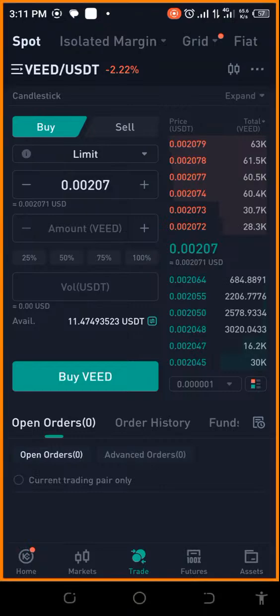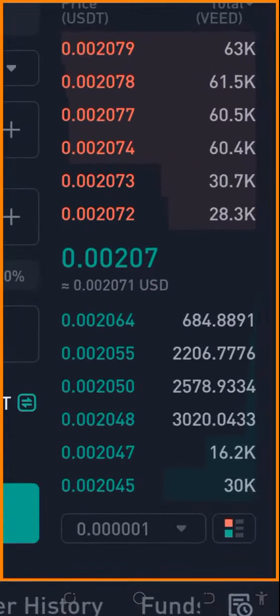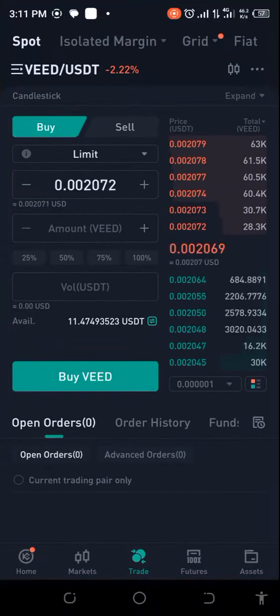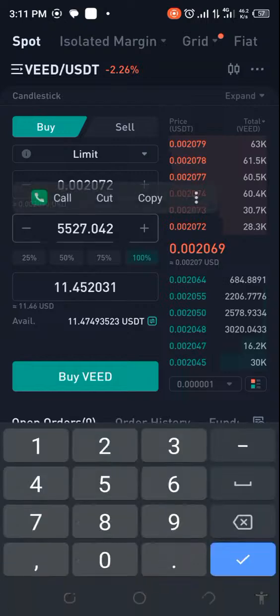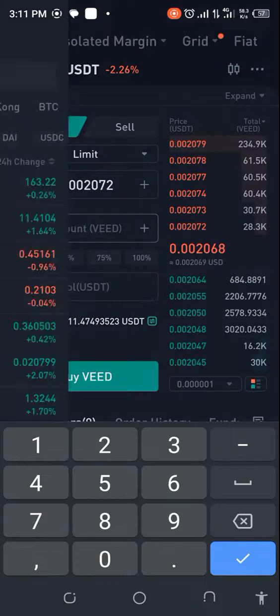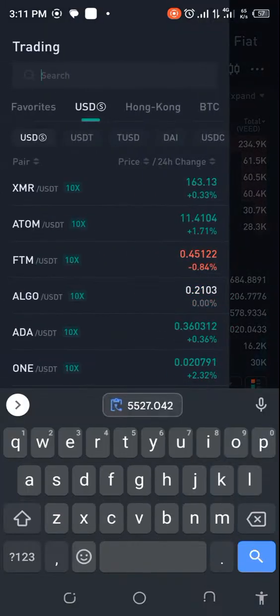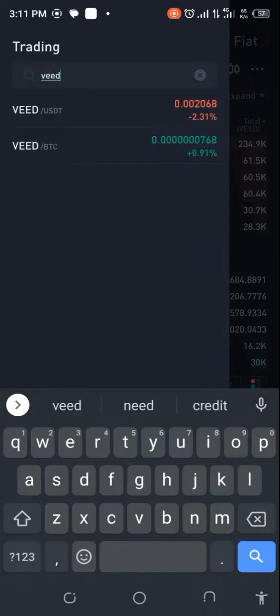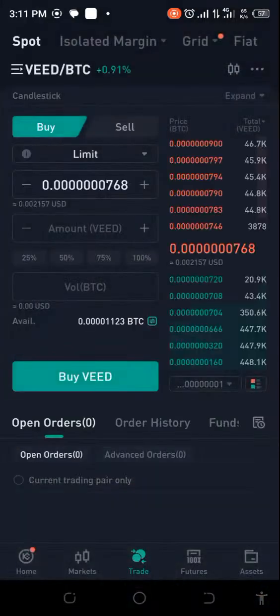Let me first check to see what's going on in the order book. Let's see whether that's possible. We'll put in the first red here and then click on 100%, and then go ahead and use that. This will sell instantly by the time we do this. Let's check what we have for BTC. Let's see whether we'll still be able to make money.